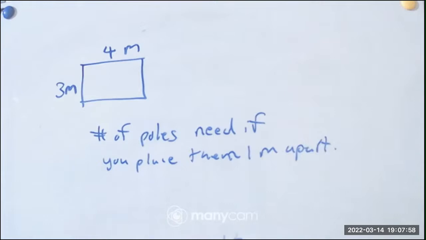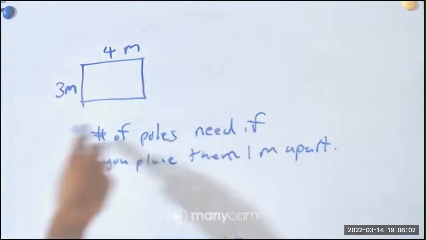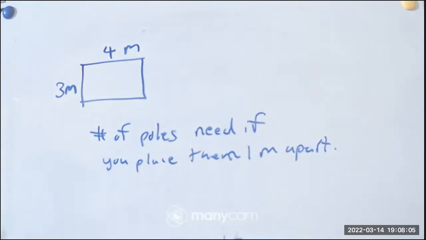So find the number of poles needed if you were to place them 1 meter apart around this plot. Right now we're talking about the entire plot, right? So right or wrong. So I would do this.